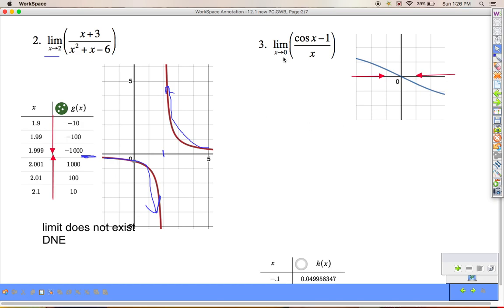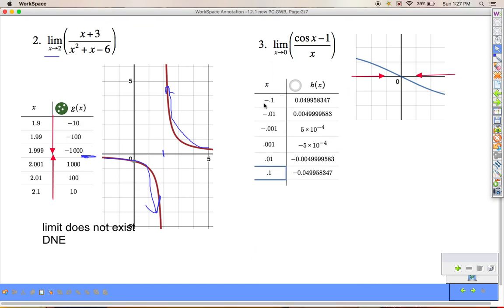So making my table, I'm going to approach 0 this time, using the same steps: negative 0.1, negative 0.01, negative 0.001, because I'm approaching 0, then 0.1, 0.01, 0.001. Looking at these numbers, 0.0499, 0.004999, then in scientific notation I move my decimal four places to the left, 0.0005.